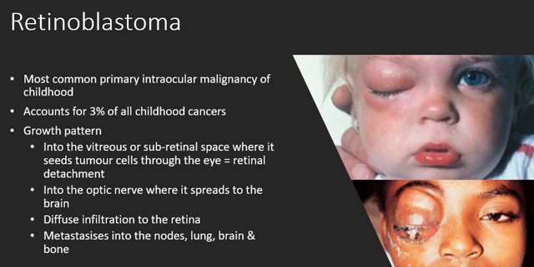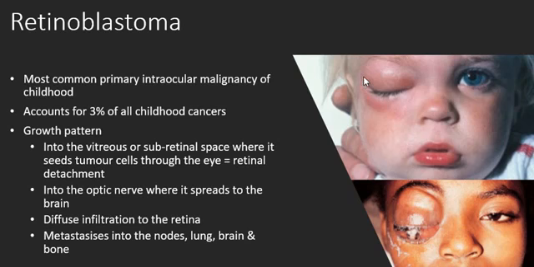They'll then seed into the optic nerve and eventually spread to the brain, and will have diffuse infiltration into the retina, so they'll get into the retinal spaces too. Eventually they'll metastasize and go into the lymph nodes, the lungs, the brain and the bone. So they can be actually quite fatal. So early detection and treatment is of utmost importance.